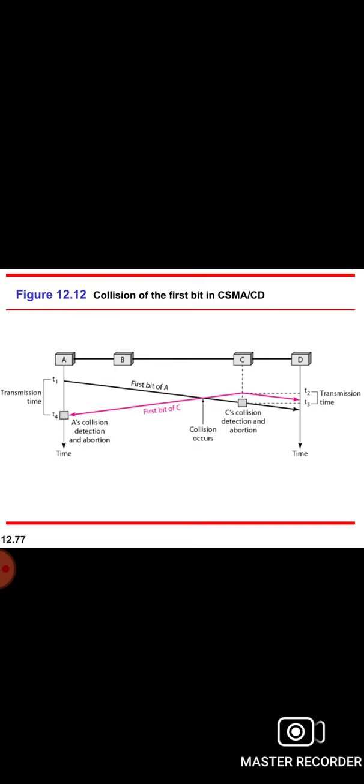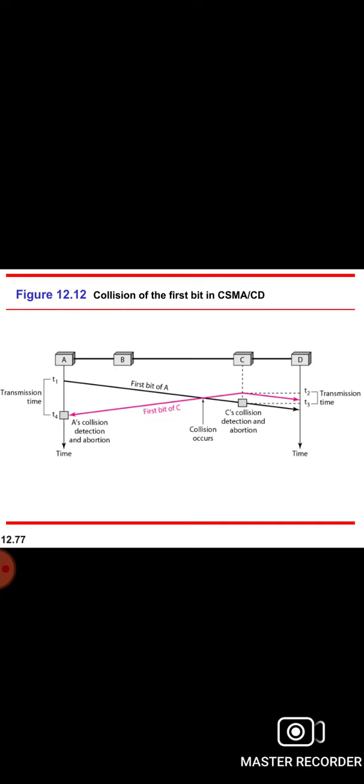We constantly monitor in order to detect one of two conditions: either transmission is finished or a collision is detected. When we come out of the loop, if the collision has not been detected, it means that the transmission is complete and the entire frame is transmitted. Otherwise, a collision has occurred.